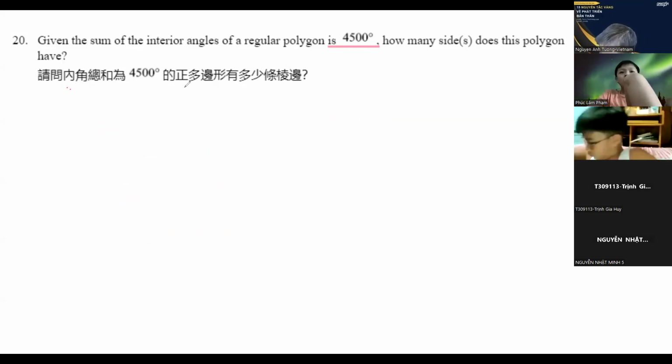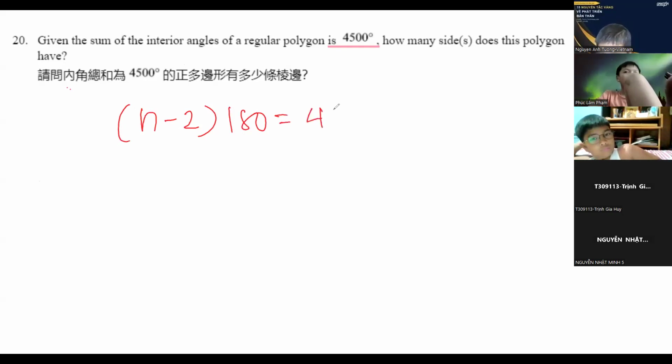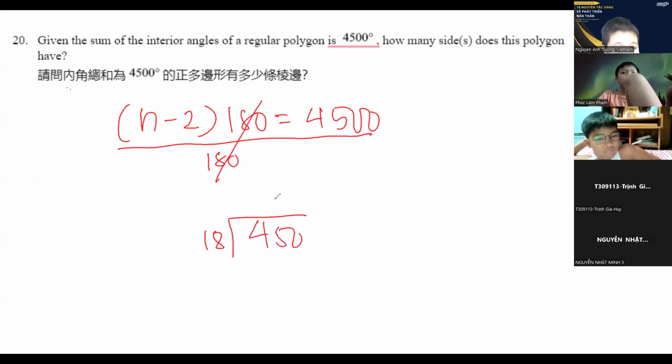The formula for the sum of the interior angles is n minus 2, sorry, I wrote n minus n. n minus 2 times 180 is equal to 4,500. So we just have to solve for the value of n. First, we divide both sides by 180. So this is 450 divided by 18. I think this is 25.